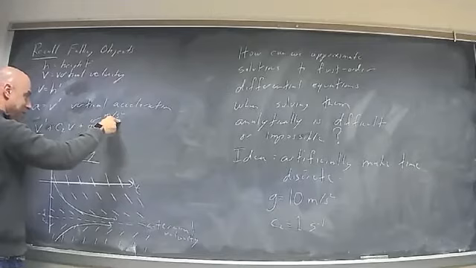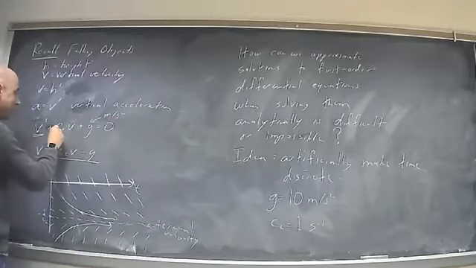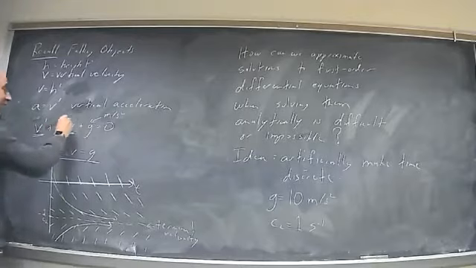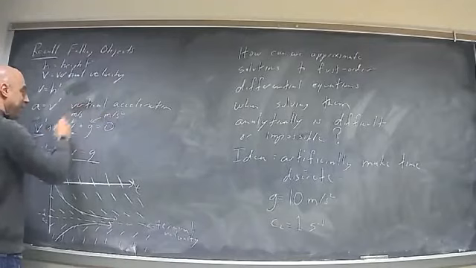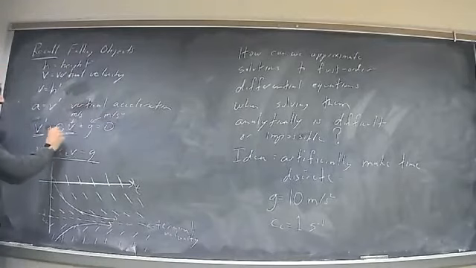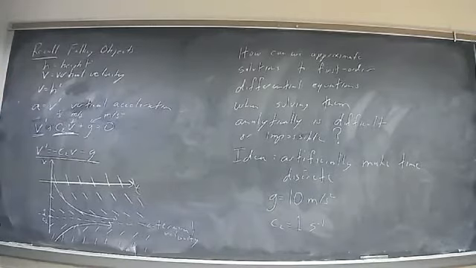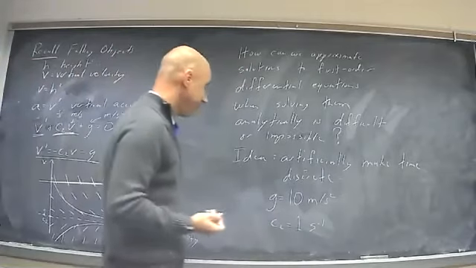Velocity is in meters per second. So for this whole term to be in meters per second squared, c2 has to be 1 over seconds. 1 over seconds times meters per second is meters per second squared. So s to the minus 1, or 1 over s if you like.